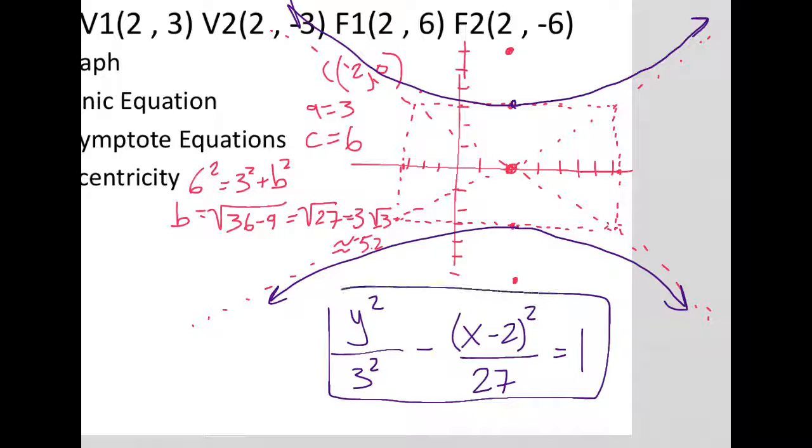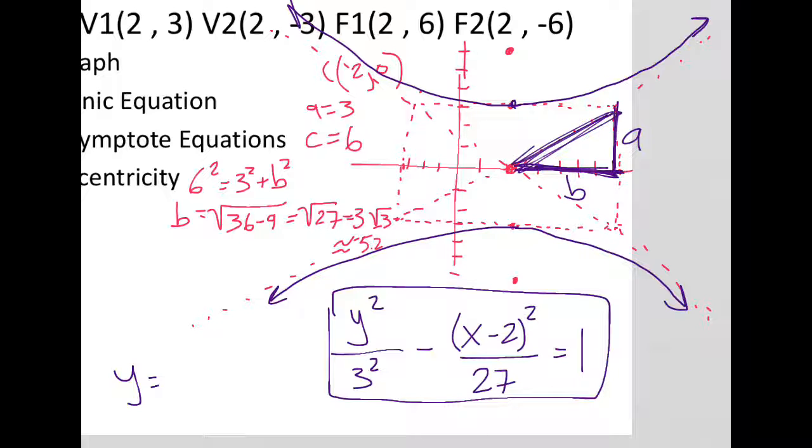There's our equation. If we know the equation of that, we can easily write the equation of the asymptotes, because it's going to be y equals our slope, which, if you think of our slope, here now we have that distance right there. If you think of this triangle, the rise is now a and the run is b, because remember, a is always going between the vertex and the center.